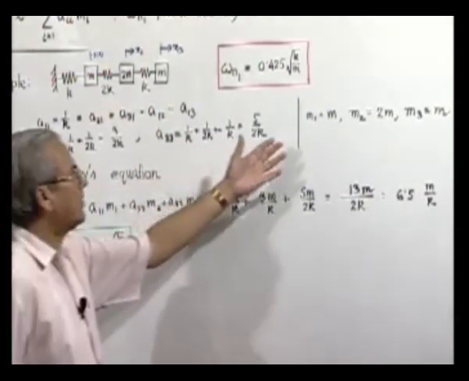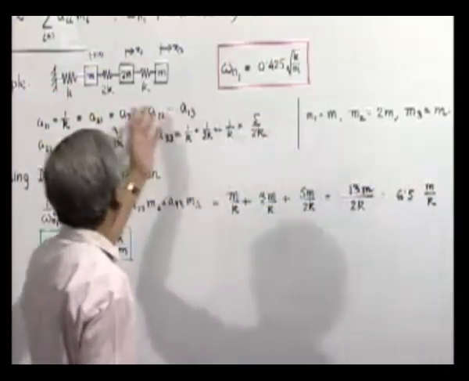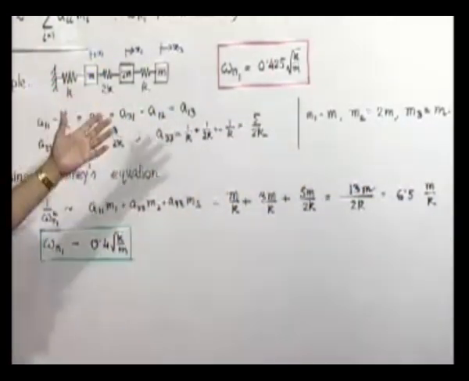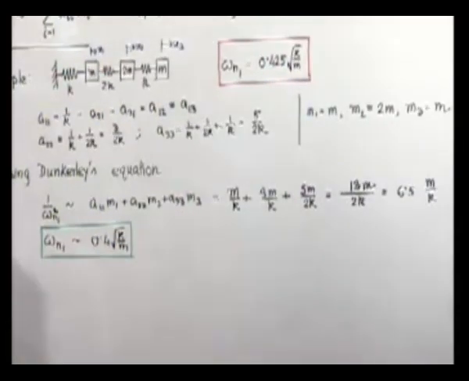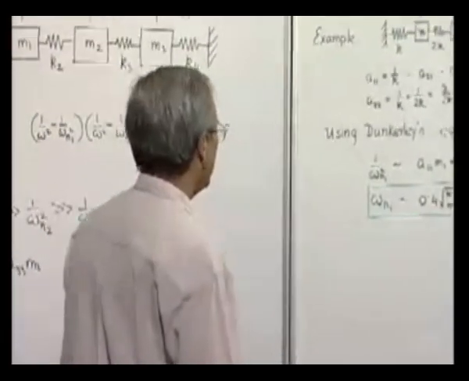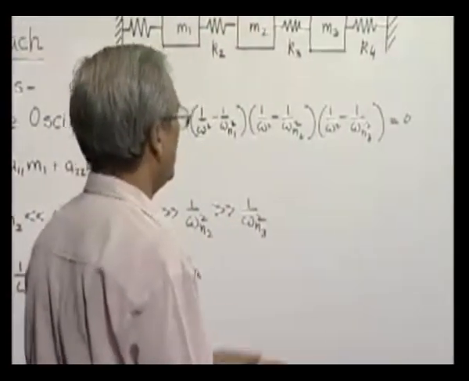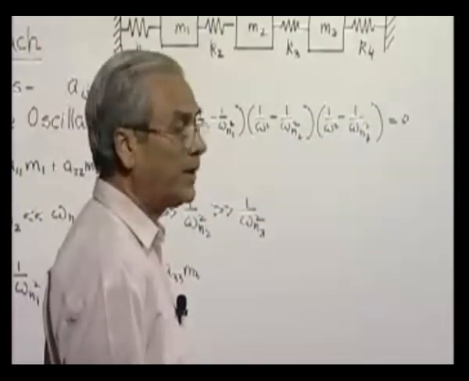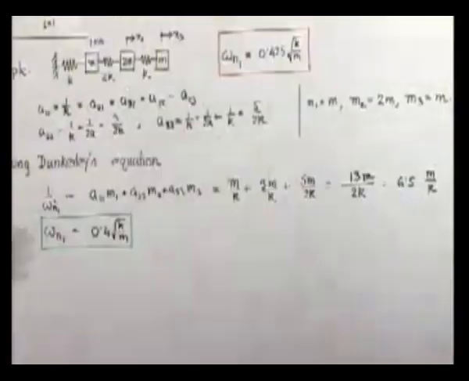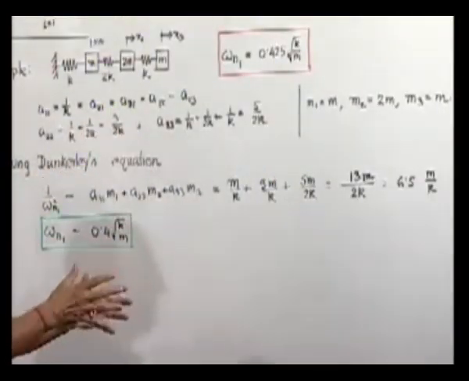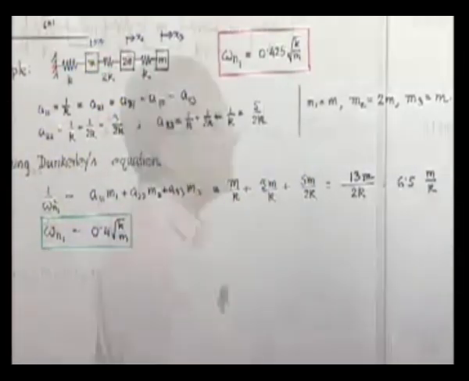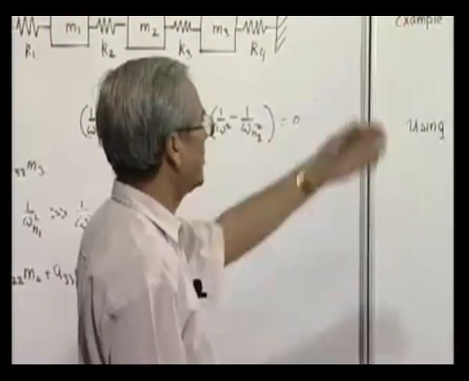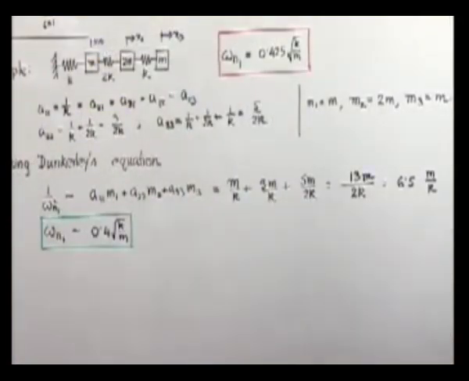The mass matrix is a diagonal matrix and finding the masses is very simple, it is just by observation, and calculation of this term is also a straightforward simple calculation. Thus, we can get the approximate value very quickly. Here the advantage may not be very clear, but if you have a 10-degree freedom system, you will find that this is a very quick method compared to the method we have discussed earlier.